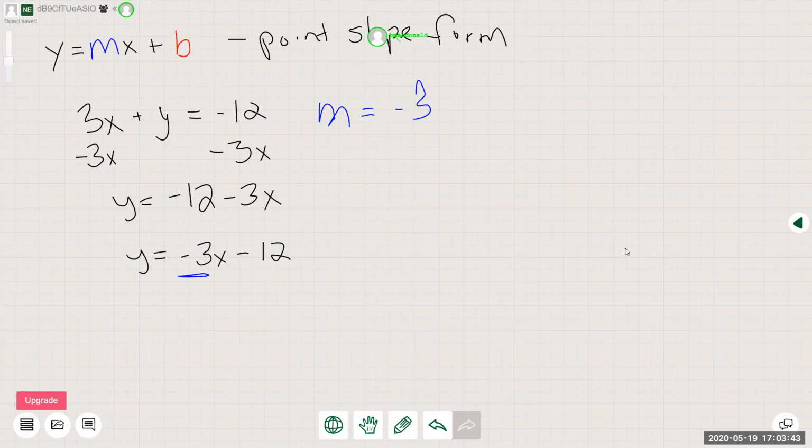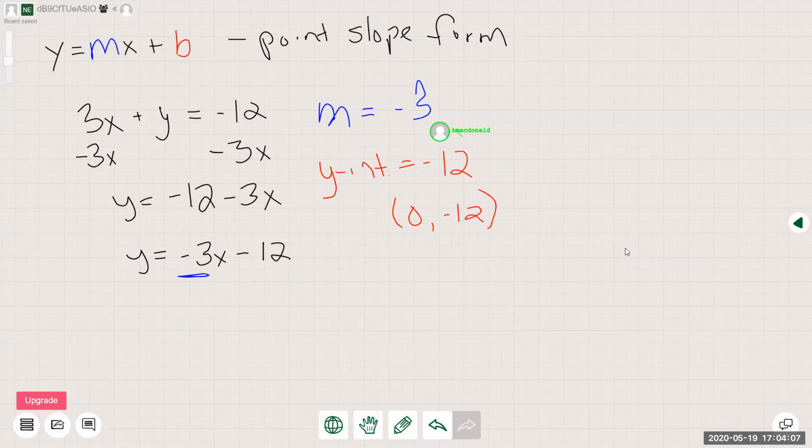And our y-intercept is negative 12. And again, what that means is we would graph a point at 0, negative 12, and then from there we would go down 3 and over to the right 1, and then we could make our line from there. And that's where we're going to leave it.